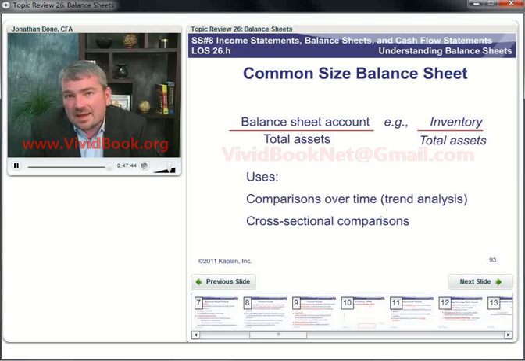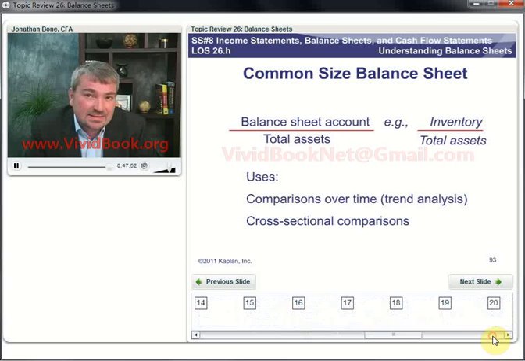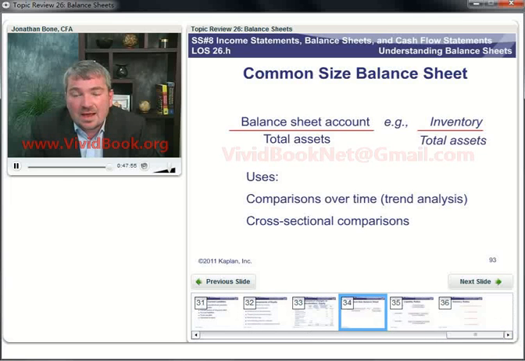So in the income statement, we looked at each income statement as a percentage of sales. In the balance sheet, we're going to look at each balance sheet item as a percentage of total assets. So in other words, you'd look at your ending inventory and your current assets and divide it by total assets to show it as a percentage.